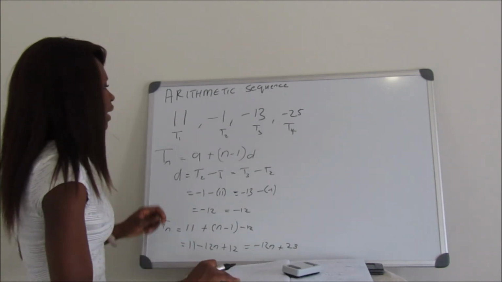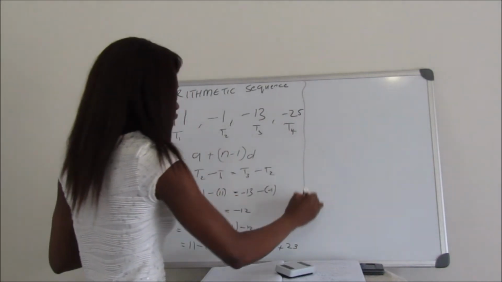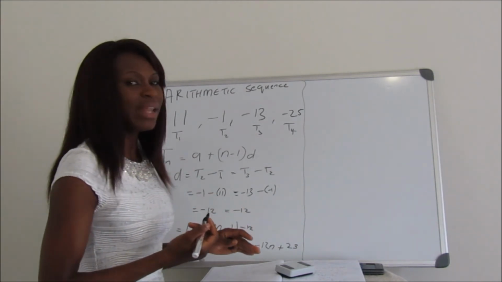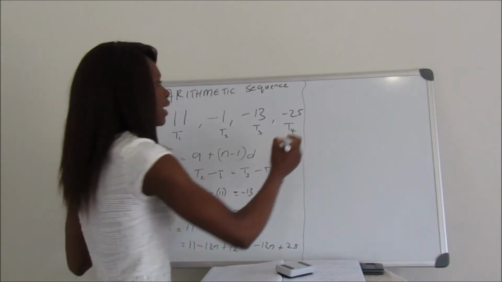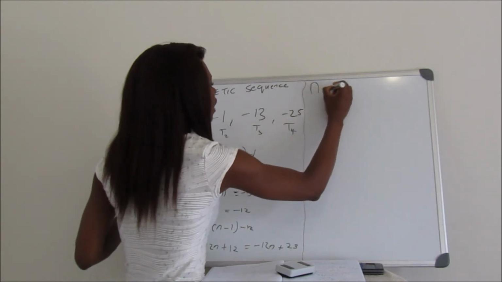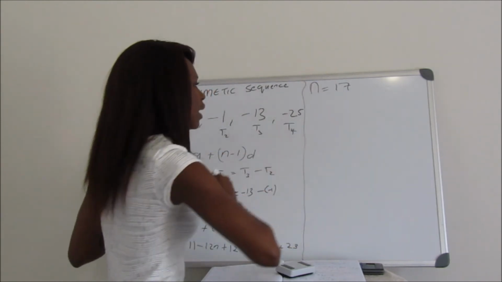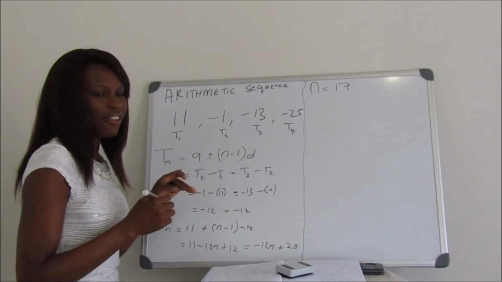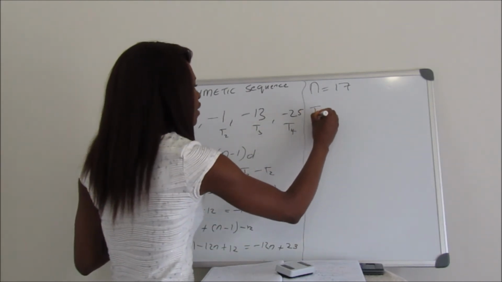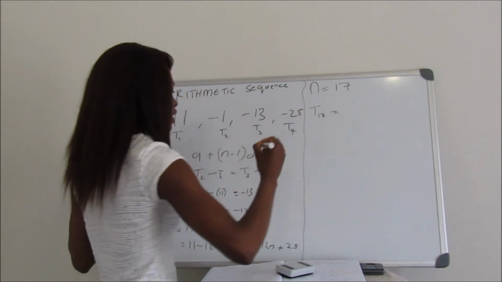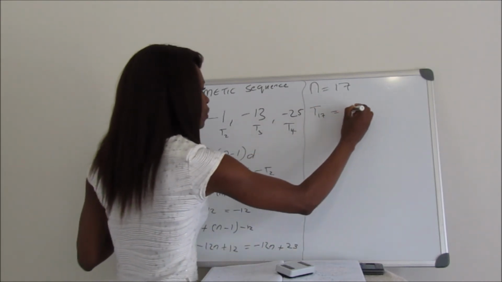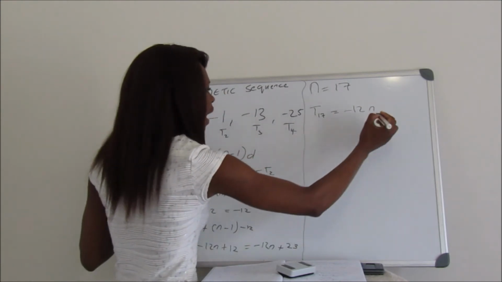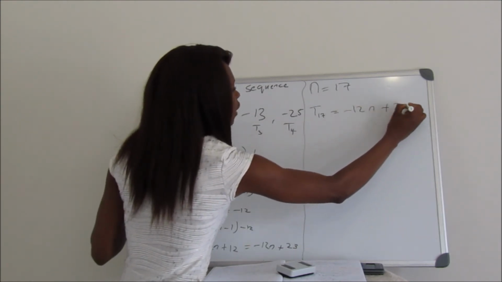All right, the next question for this sequence says we must find T17. This time we are given n equals 17, so they need to know what T17 is. The equation doesn't change, it's still the same. We have our pattern equation, which is negative 12n plus 23.